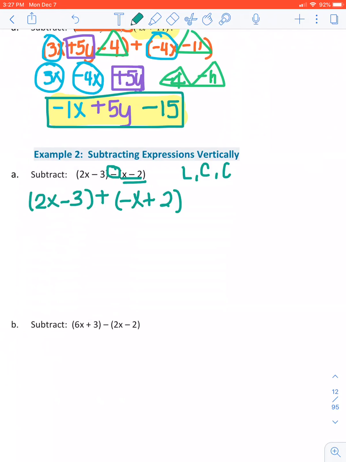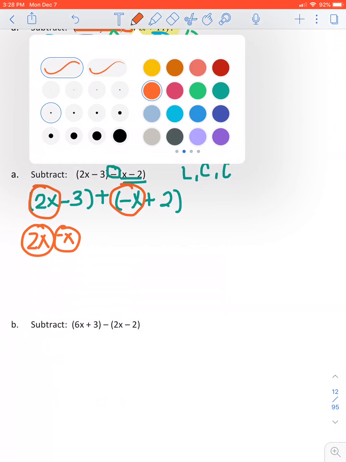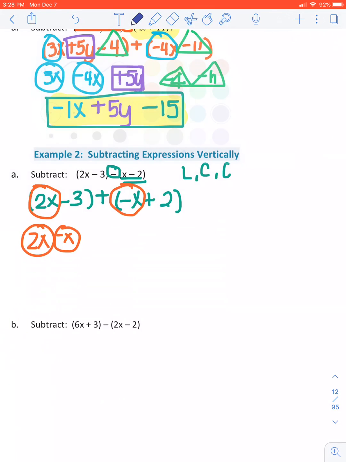Negative 2 becomes positive 2. All right, so let's do our circles and squares. So I'm going to circle 2x and minus x. I'm going to write that next to each other. And then I'm going to do negative 3, positive 2.